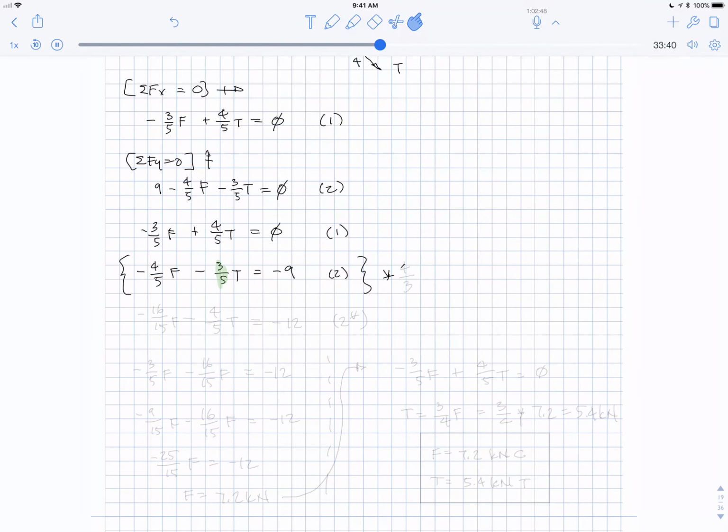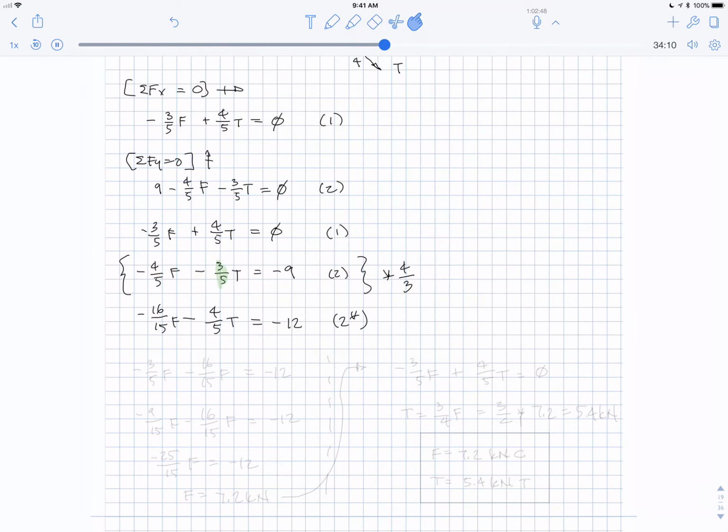So the new equation 2, multiplying both sides by 4/3, is minus 16 over 15 F minus 4 over 5 T. That's what we wanted, T. Equals minus 4/3 of 9, which is minus 12. We'll call that equation 2 star.